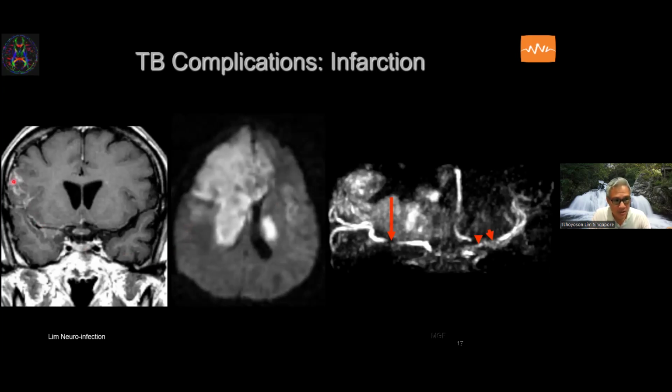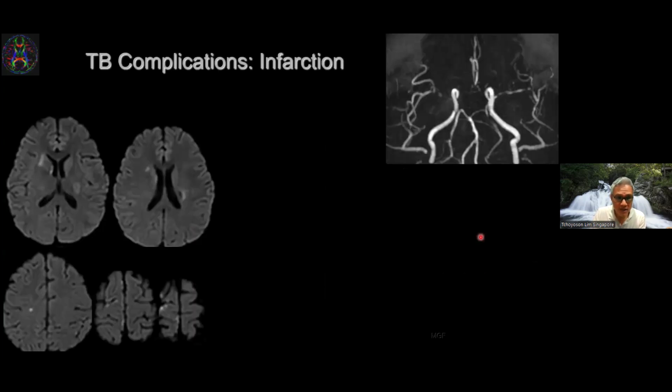Here you can see that there is meningitis, meningitis-induced vascular narrowing and occlusion, giving rise to infarction of the MCA territory on one side and the perforators that feed the basal ganglia and corona radiata on the opposite side.